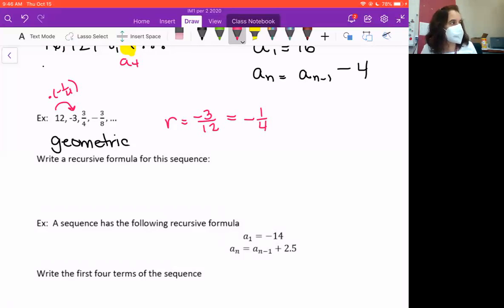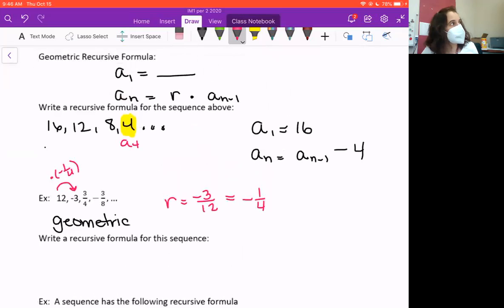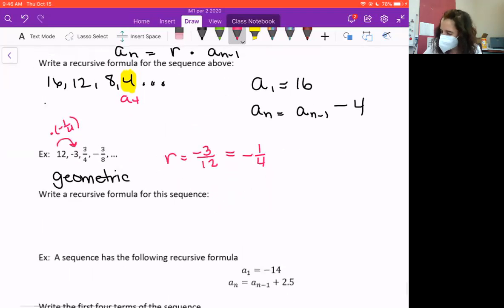Okay, we're going to write a recursive formula for this sequence. It's geometric, and right here is the geometric recursive formula. It requires two things. You got to tell me the first term, and then you got to tell me what to do next. So my first term, a sub 1, is 12.